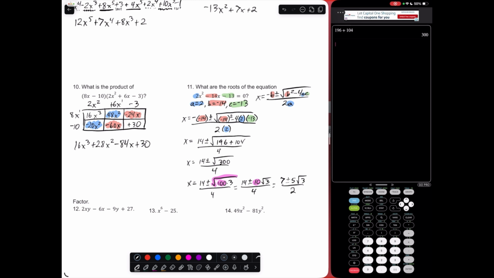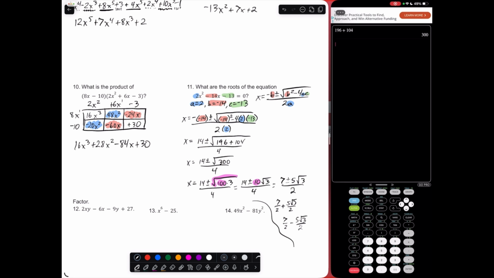Now, depending on how the question is phrased, sometimes this is going to be asked to be split up. So you would rewrite this as 7 over 2 plus 5 radical 3 over 2, and 7 over 2 minus 5 radical 3 over 2.